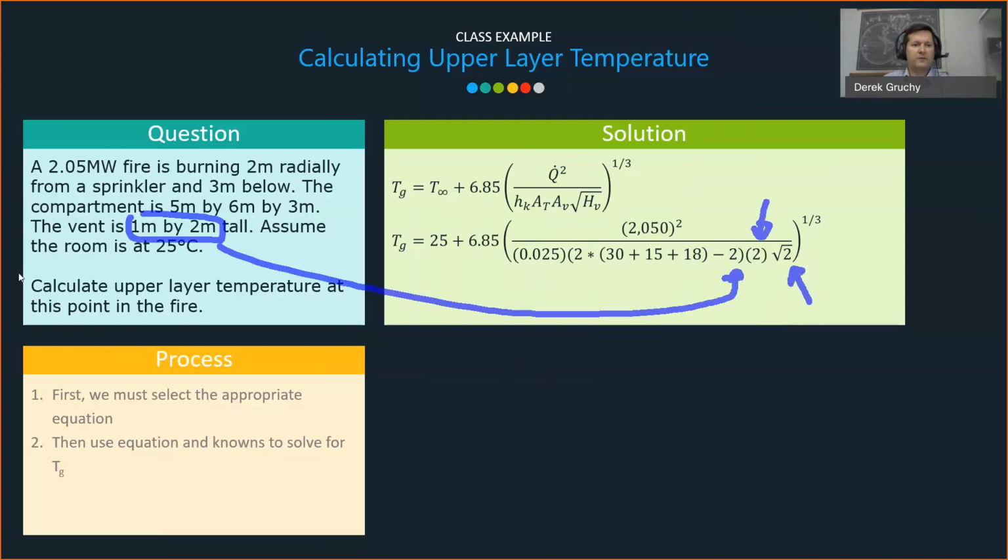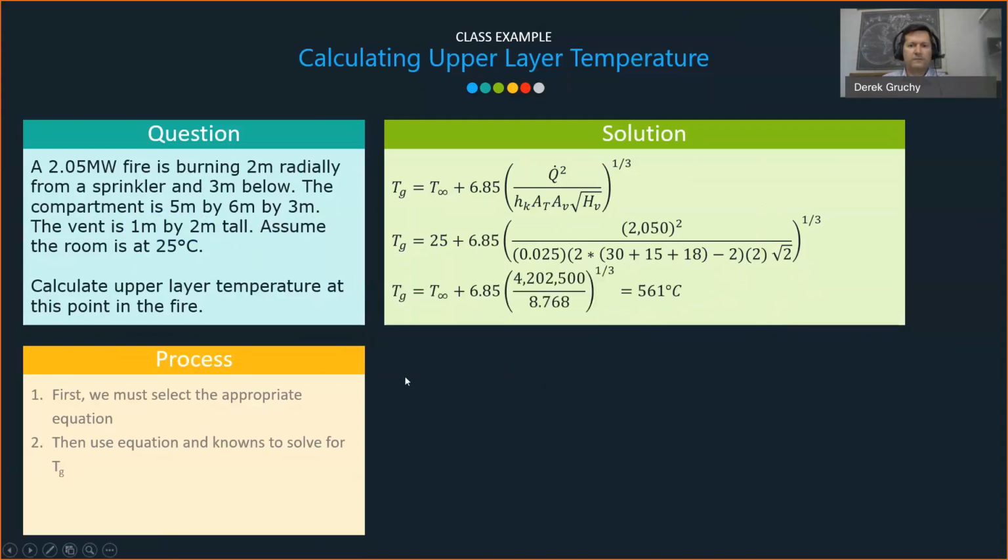So we put all those values in, and we should end up with, drum roll, 561 degrees Celsius. Right? So the upper layer is going to be 561 degrees Celsius at this point.